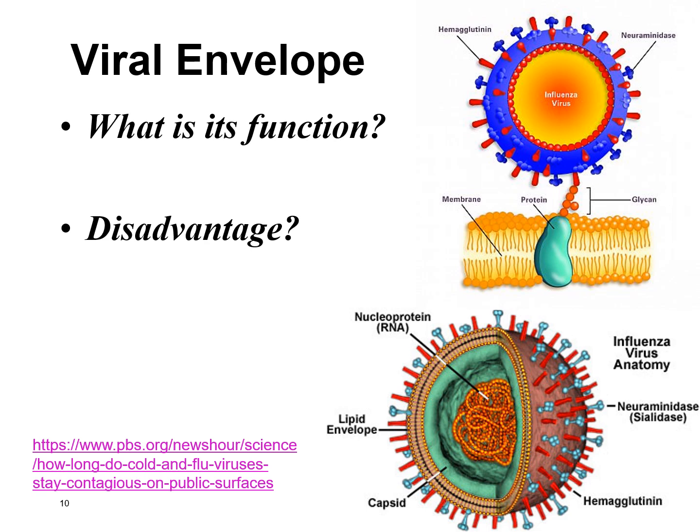The big disadvantage to having an envelope is that envelopes are very fragile. They can dry out very quickly, and once they do that, they disintegrate, or they can be disrupted very easily with soap and water, alcohol, disinfectants. So there's a lot of things that can destroy the envelope. Once the envelope is gone, all of the viral spike proteins are gone as well.